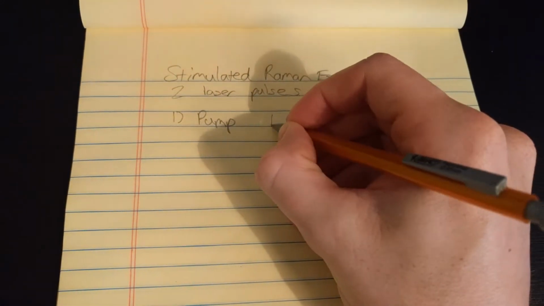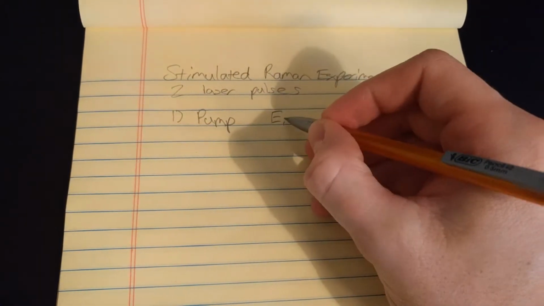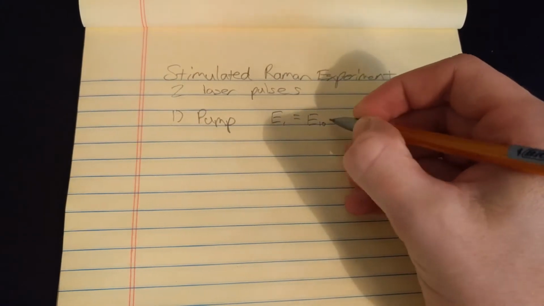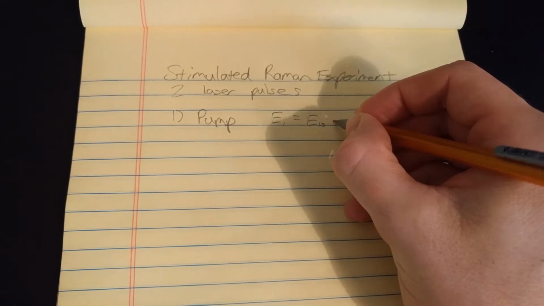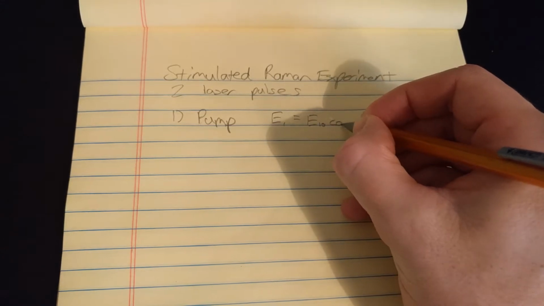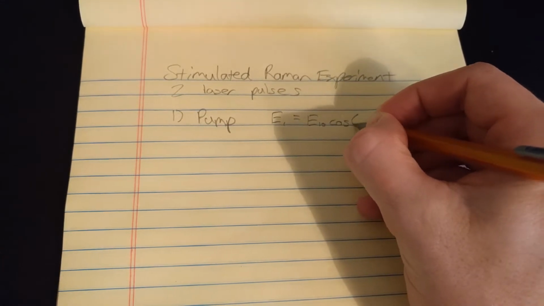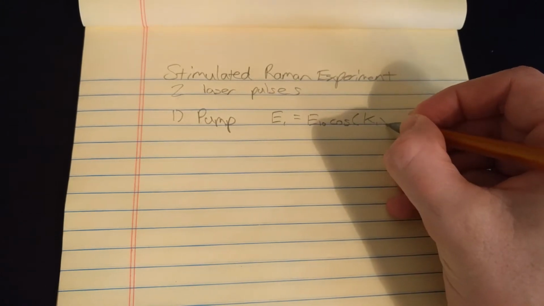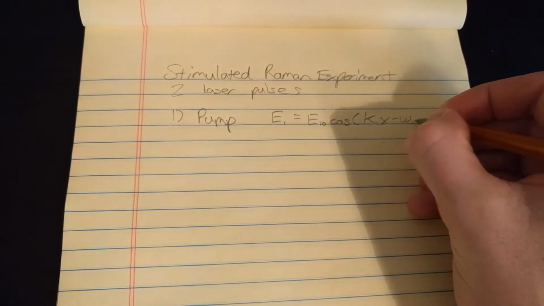Let's say the pump pulse has an electric field vector E1, and let's say that equals E1 naught times cosine K1 x minus omega 1 t.